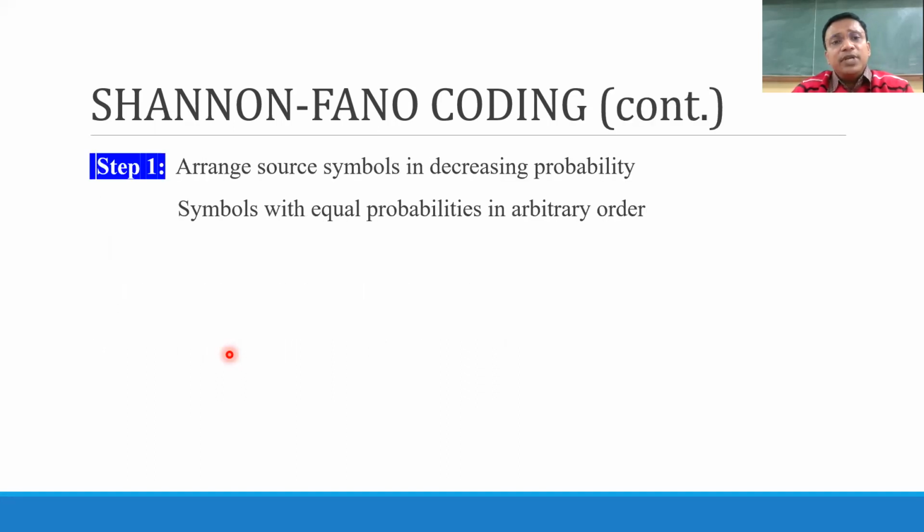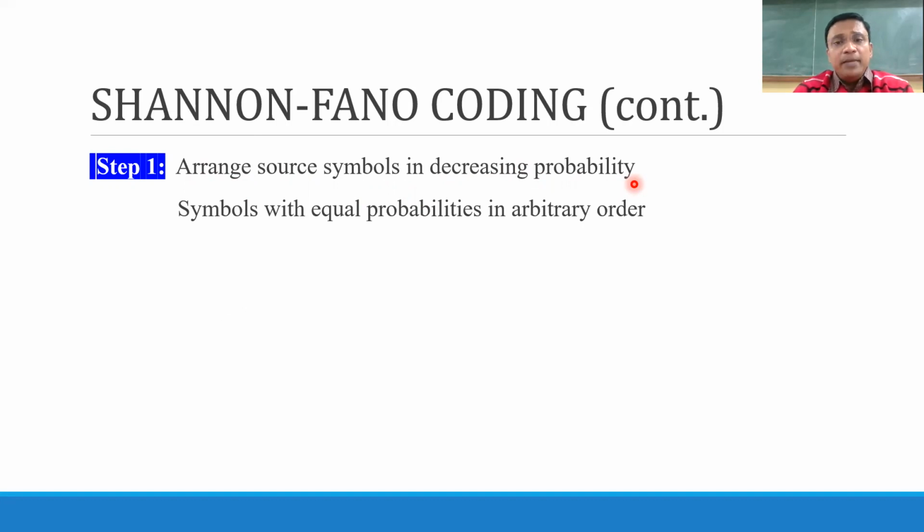So what are the steps involved if we want to construct a Shannon Fano code? The first step you can see over here: arrange source symbols in decreasing probability. A set of source symbols will be given to you, and you have to take their probabilities, which will also be provided.